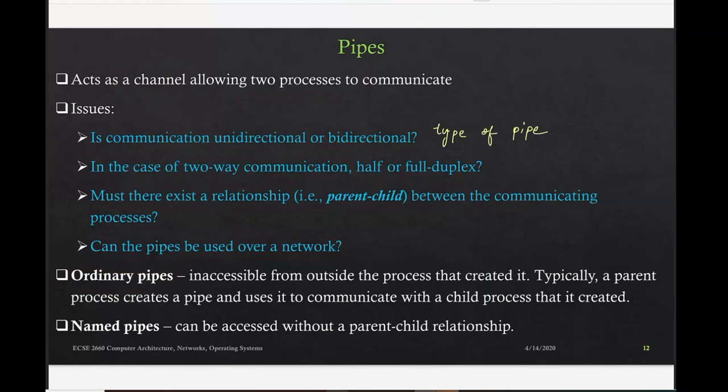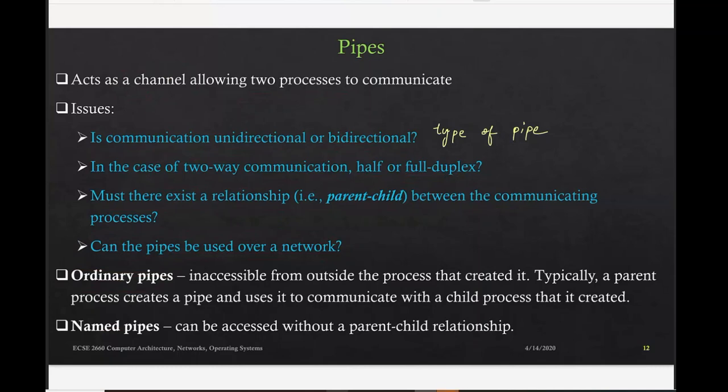So let's talk about this difference between named and ordinary pipes. Ordinary pipes are more or less temporary pipes. They are inaccessible from outside the process that created them. So for example, if there is a parent and a child, there was a fork system call, and it created a parent and child relationship.